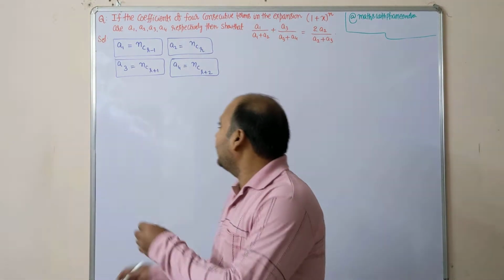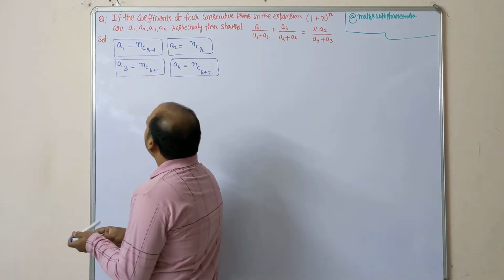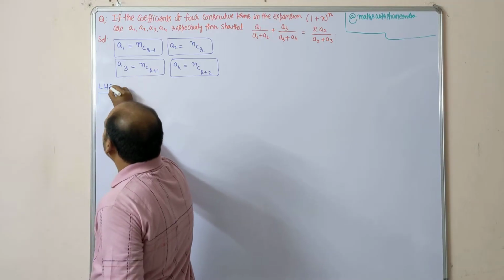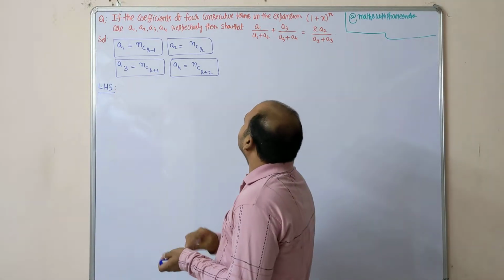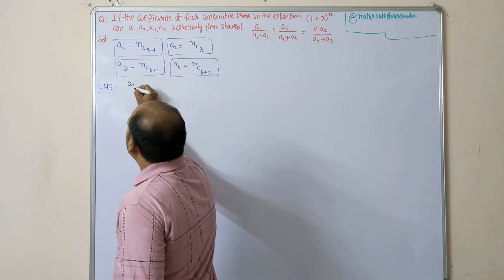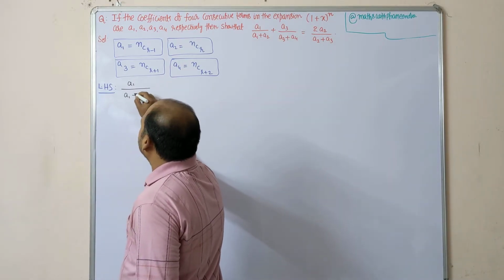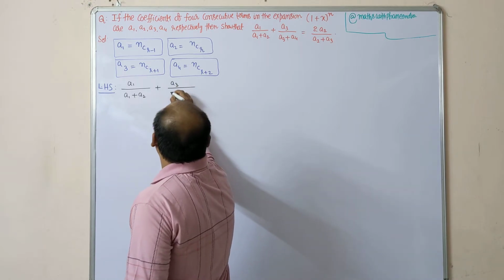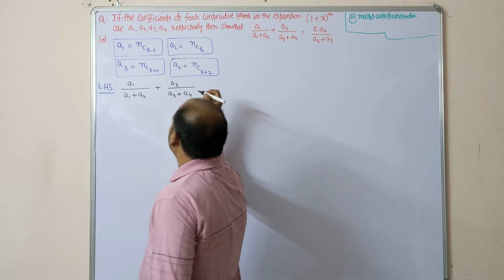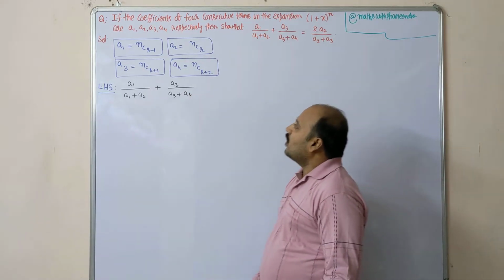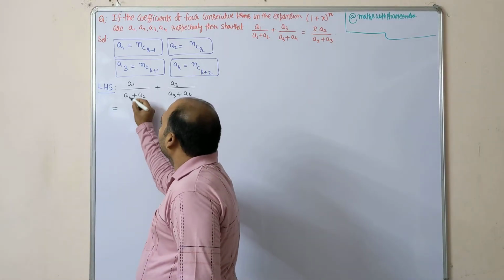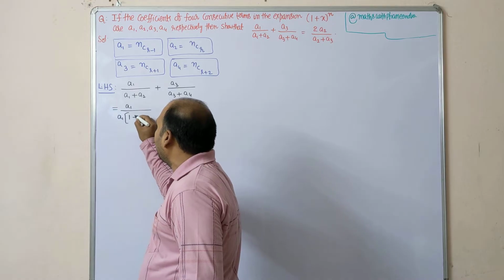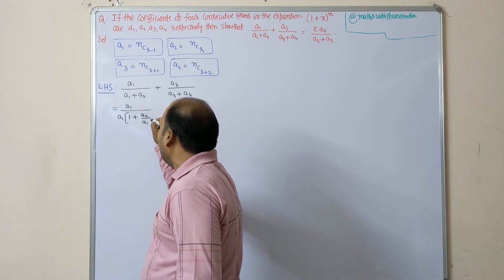Now consider LHS. We are considering LHS. In the LHS, A1/(A1+A2) + A3/(A3+A4) is there. Now what I am doing is, A1 I am taking common from the denominator, 1 + A2/A1, am I right?